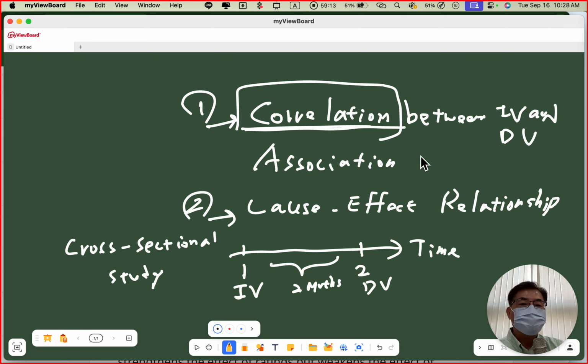And association is also a relationship, but usually it's between categorical data. Categorical data, for example, gender, male or female, and smoking behavior, smoke or not smoke, categorical.